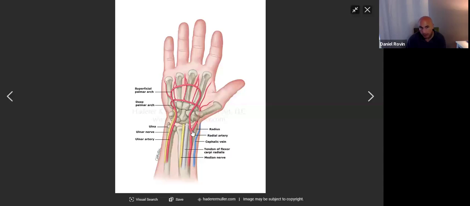But notice the way the radial artery and the ulnar artery both give off what's called a palmar arch, and even a second palmar arch. In fact, even if we follow some of the branches around, we'd see dorsal arches, because the importance of the arches is the arches give off what are called the digital arteries.